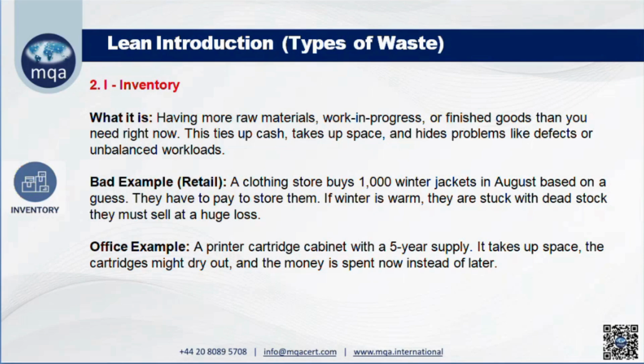A clothing store, for example, buys 1,000 winter jackets in August based on guesswork, and then they have to pay for the storage, and they are left with dead stock if the winter is warm and people don't buy those jackets. We buy a printer cartridge with a 5-year supply. It takes up space, and the cartridge might dry out, and the money is spent now instead of later.